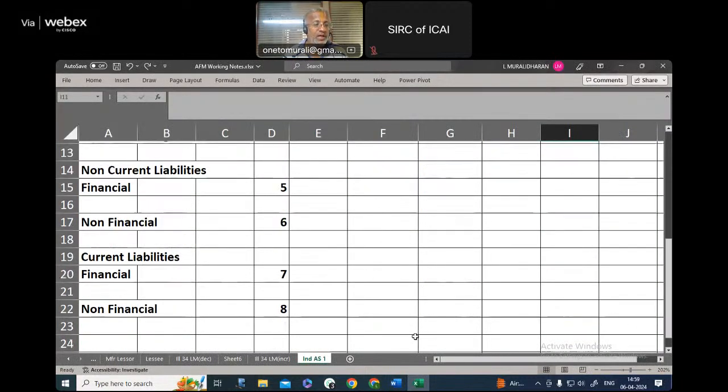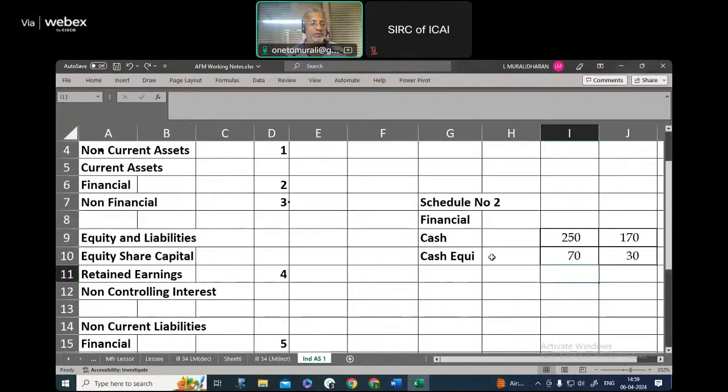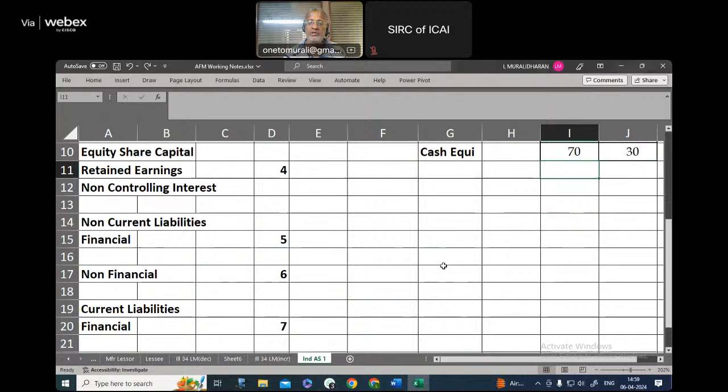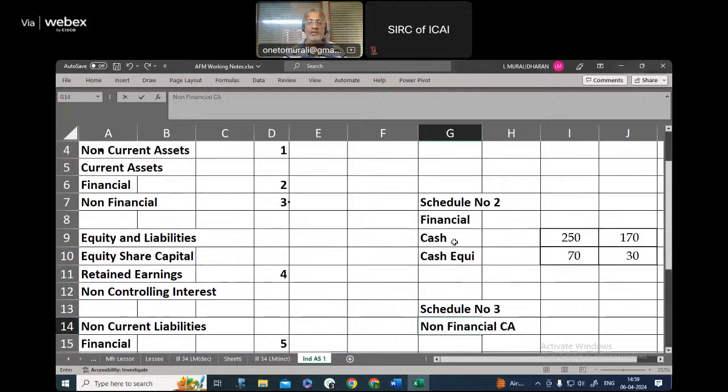So we will have a particular place, schedule number 4. Schedule number 3, non-financial current assets.